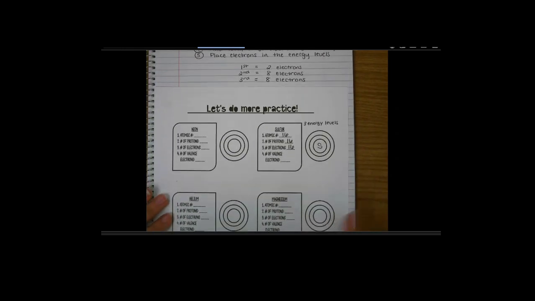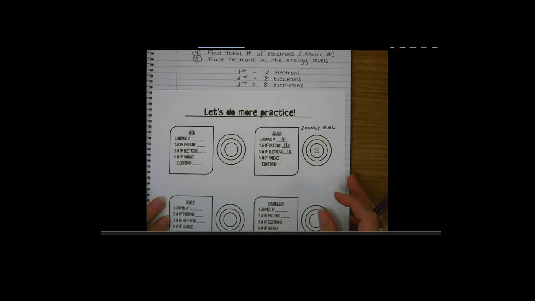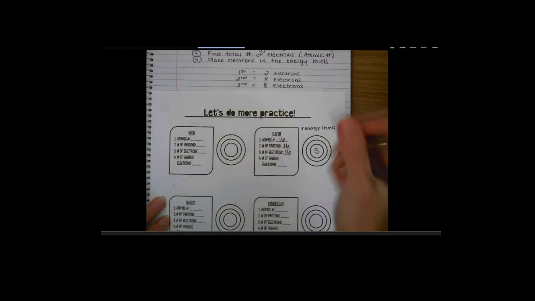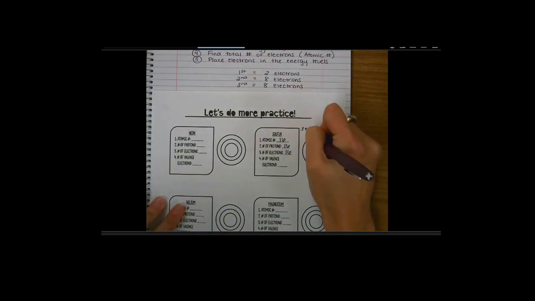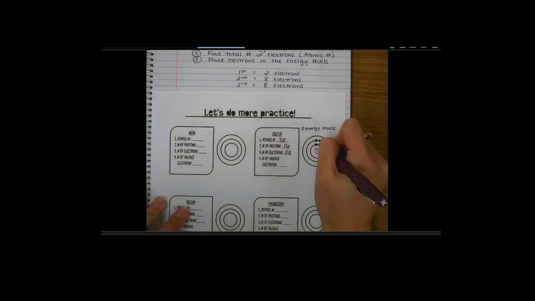Now, please remember to follow those rules. So we need to place 16 electrons. Following these rules, I'm going to put 2 electrons in the first energy level. I'm going to put 8 electrons in the second energy level.